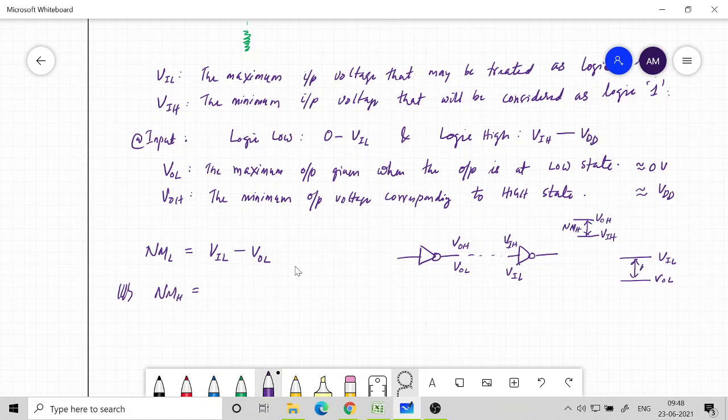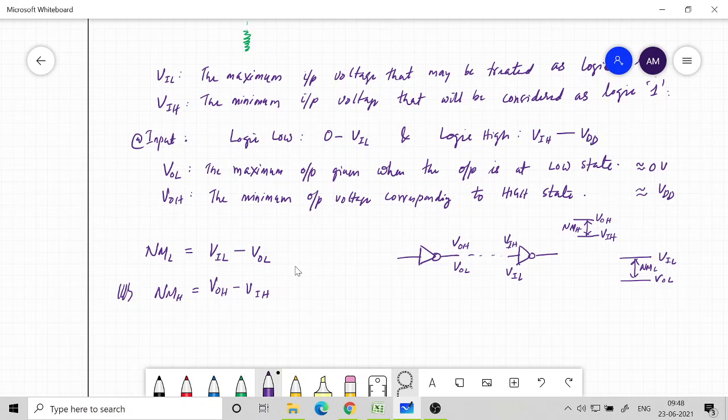So here it is noise margin low state, and this is VOH minus VIH. This much space is available on the top of the output voltage produced by the inverter.